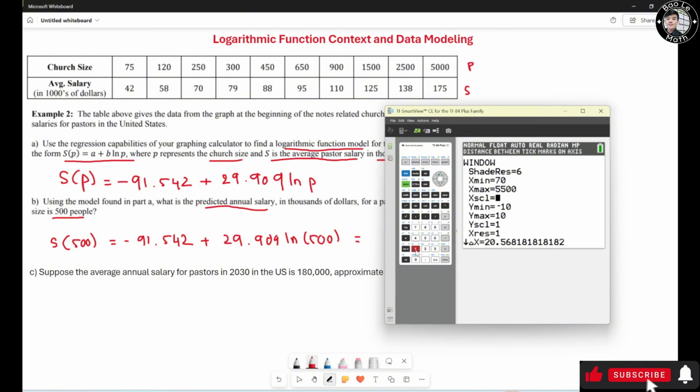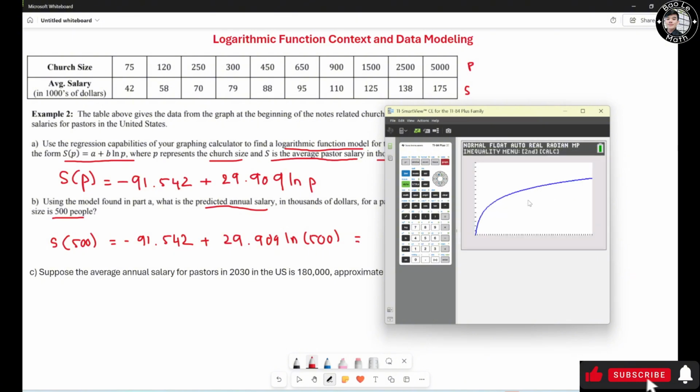The scale right here, I put 100. Now, Y min is gonna be 40, so that is gonna contain 42, right? So I put 40 right here, and Y max right here, you see that the maximum is 175, I pick 200, and then the scale right here is gonna be 10, and I hit graph, it's gonna be right here.